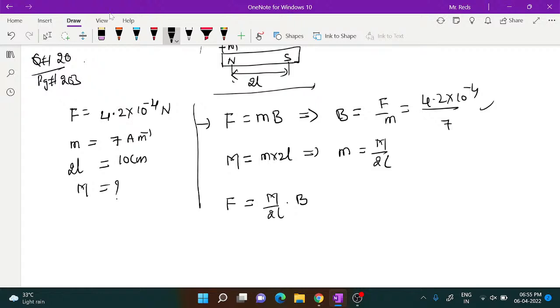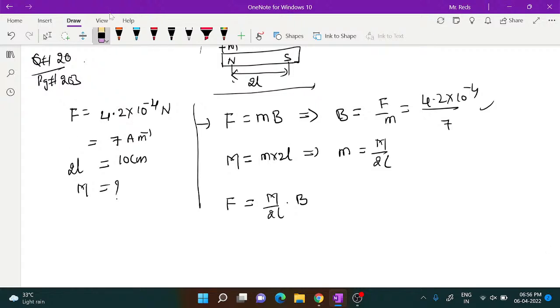Next, the pole strength, what is given here? Force acting on each pole of the magnet when placed in uniform magnetic field of 7 ampere meter. This is not this thing, right? This we have taken wrongly. That's why looking at this is just confusing.